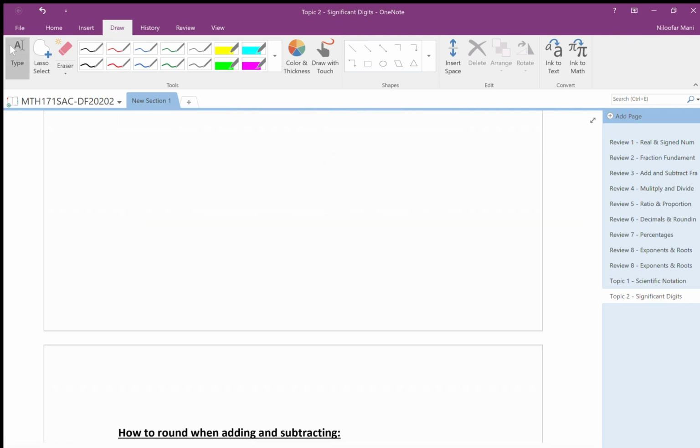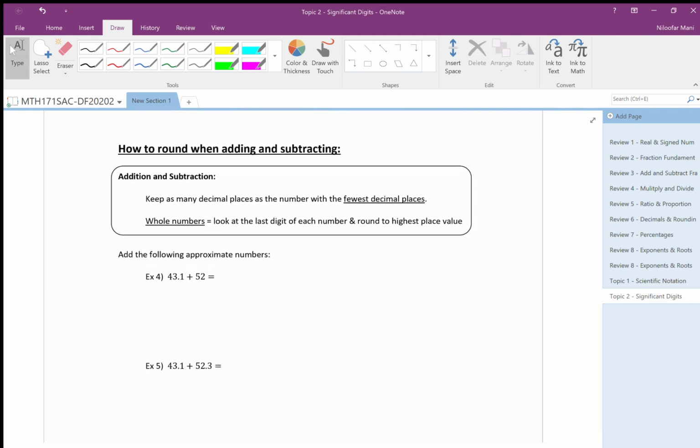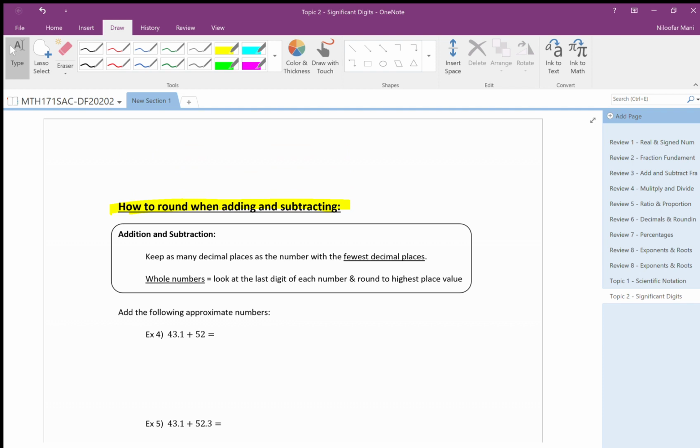Perfect, yeah. Okay, now how to round when we are adding and subtracting? How to round, and what do you think about that? For example, here I want to show you why. 43.1 plus 52. Okay, you want to add it.